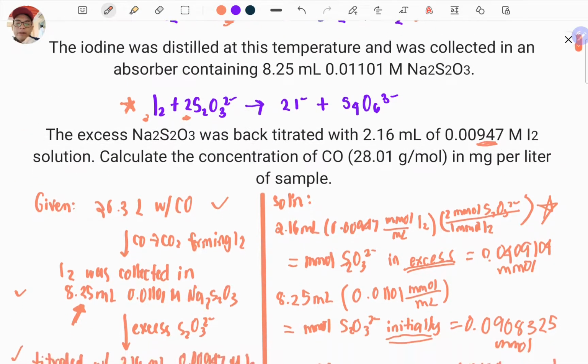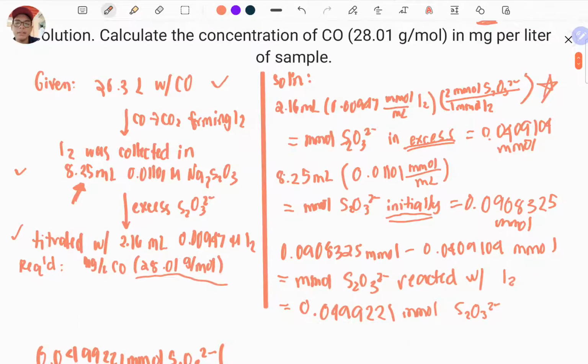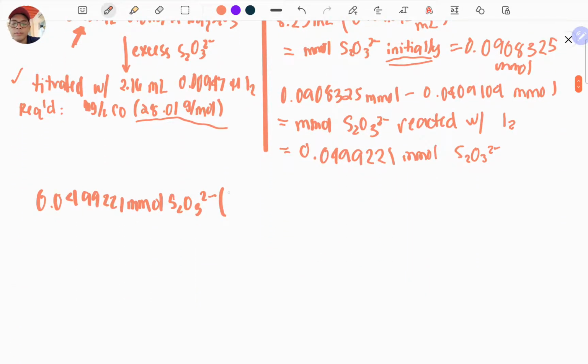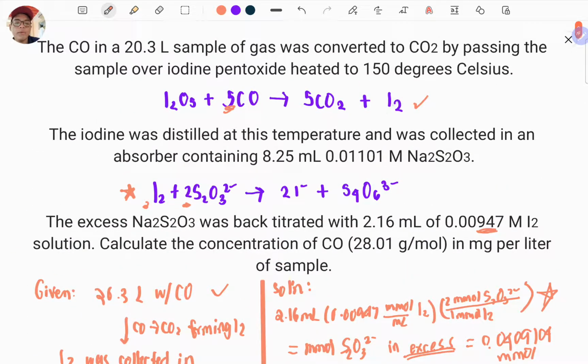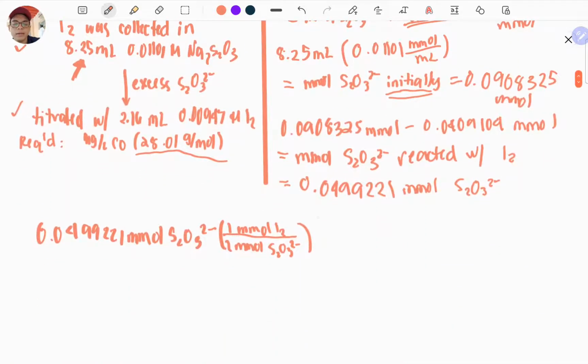We know that for every 1 millimole of iodine, that is 2 millimoles of thiosulfate. 1 millimole iodine, 2 millimole thiosulfate. Now that we have iodine, we know that 1 millimole of iodine is 5 millimoles of carbon monoxide. Again, that's 1 millimole iodine, 5 millimole carbon monoxide.